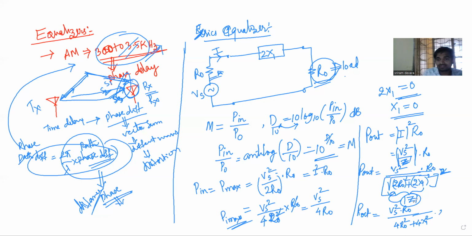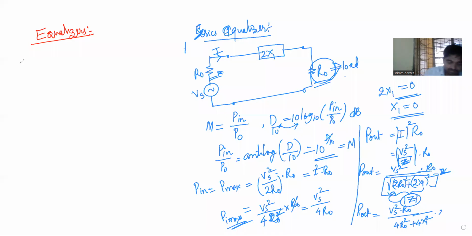Next, we have to calculate the ratio of input power to output power. So therefore, M is equal to P input power divided by P output power. So P input power is Vs square by 4 R naught, whole divided by P out.